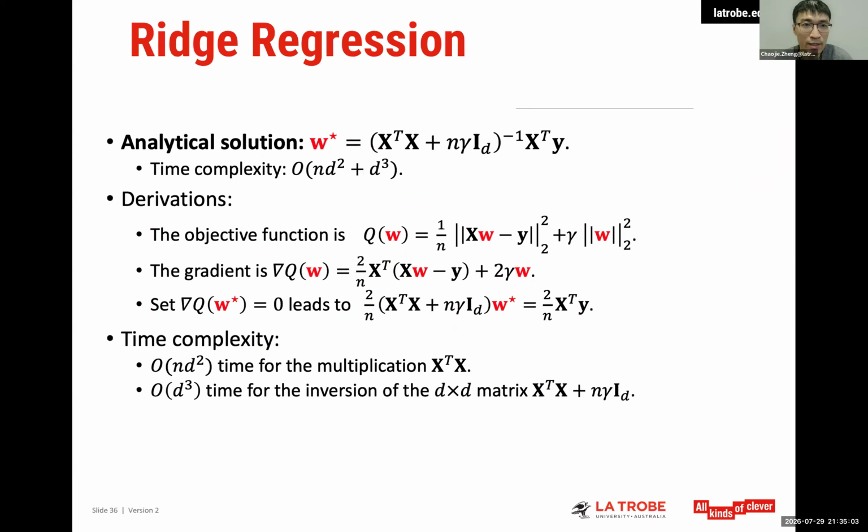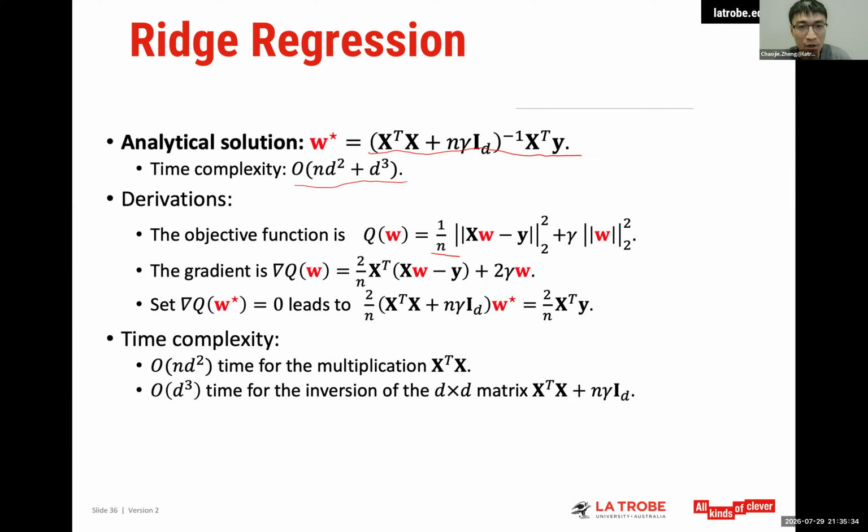And ridge regression can have analytical solutions. Just like linear regression, we can compute the optimal weight vector values by just following the equation. We don't need to use the gradient descent method to find the optimal weight vector values through iterations. And this is the time complexity for that.